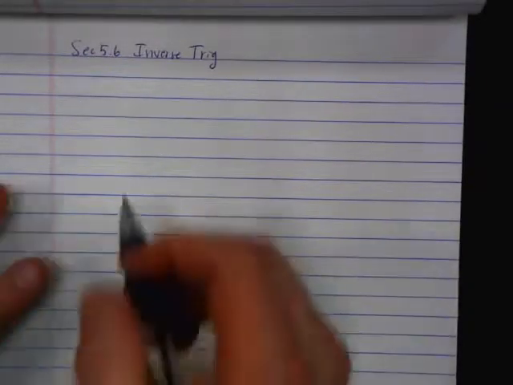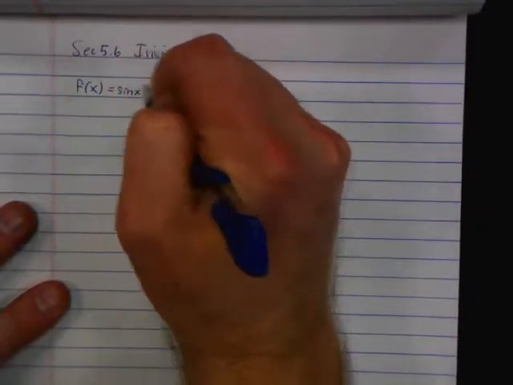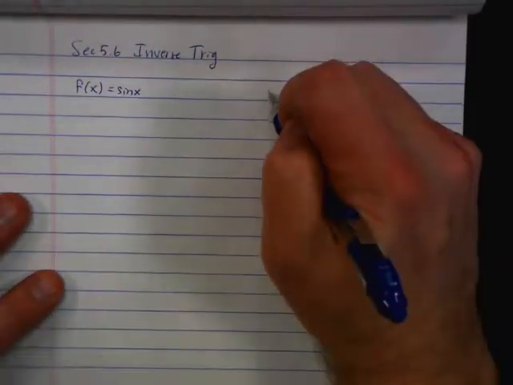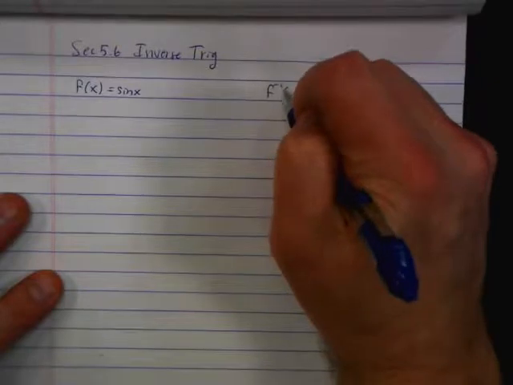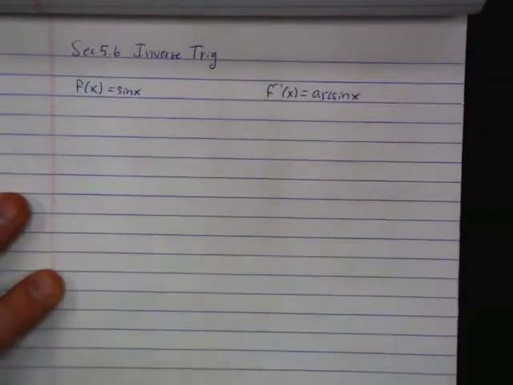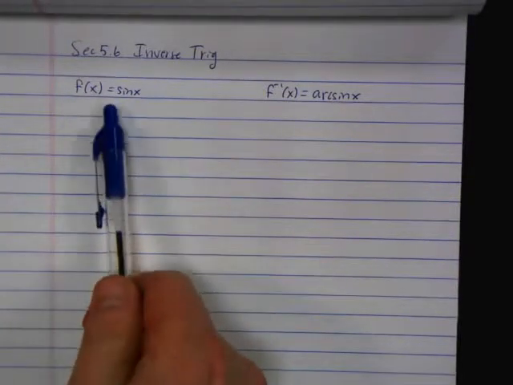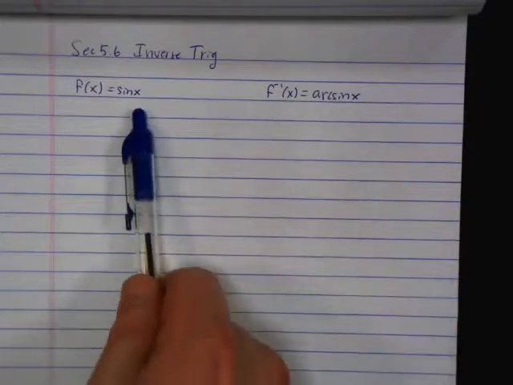I think we left off with, if we wanted to talk about the inverse sine of x, we had to appropriately limit our domain. So if we were dealing with sine and we wanted to talk about inverse sine, how did I have to limit my domain?